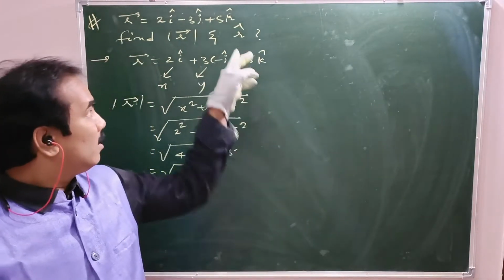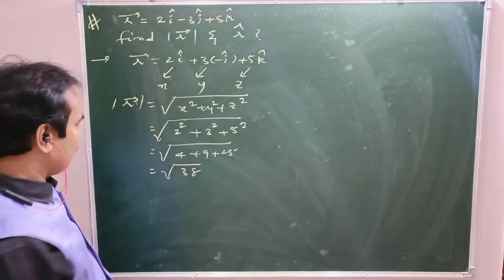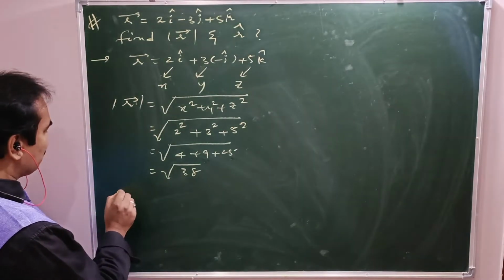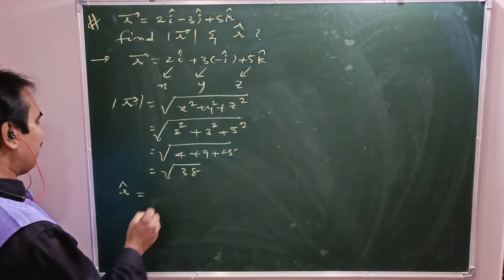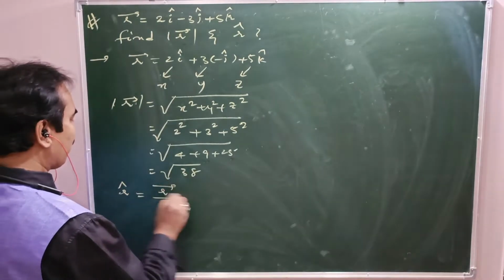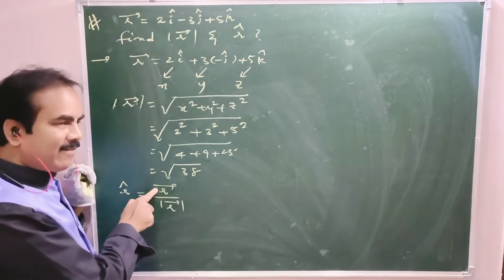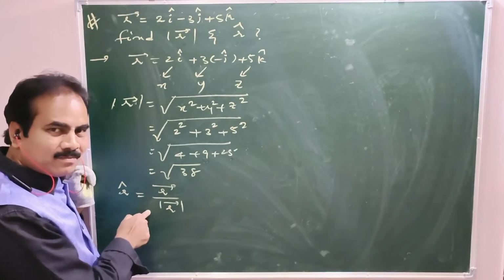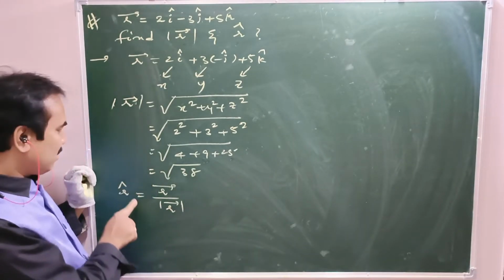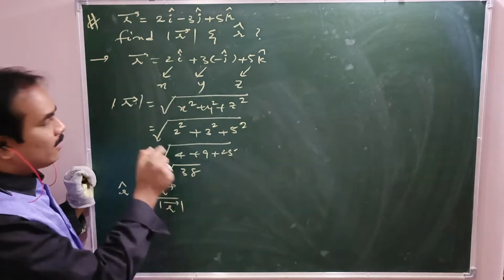Coming to the unit vector of that position vector. How to find the unit vector? As I told you, r cap always equals r bar by modulus of r bar. So any vector divided by its magnitude gives the unit vector of that vector. So r cap equals r bar by mod r bar.